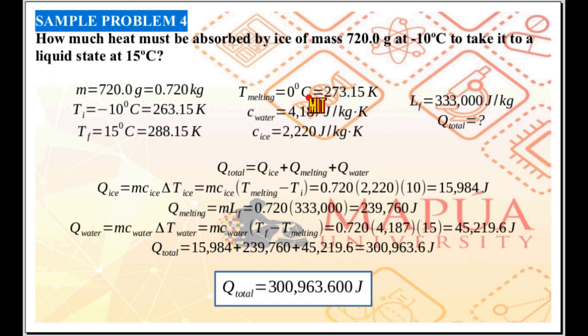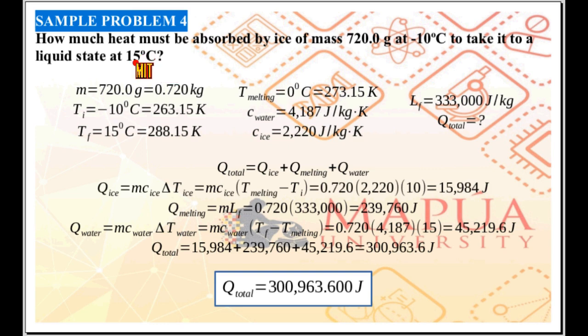The heat associated with the temperature increase of the ice is Q ice. Now the ice is at the melting point temperature. Any heat that we add to the ice will melt the ice. You have Q melting. Once the ice is melted, it is now water. Water at 0 degrees Celsius.